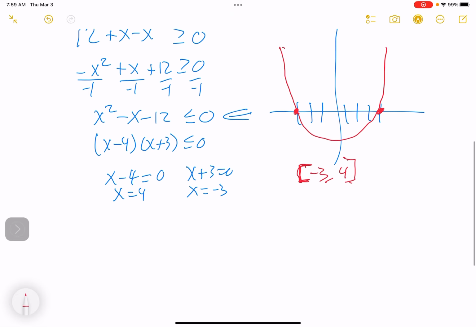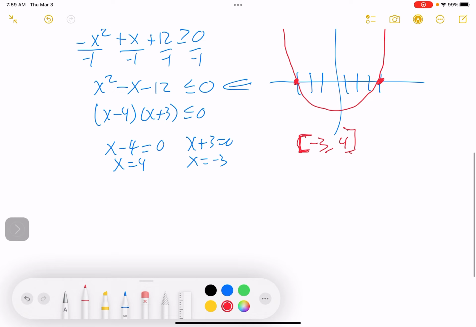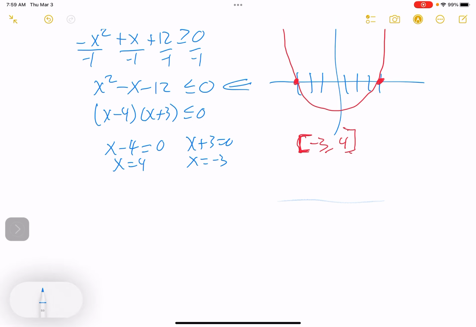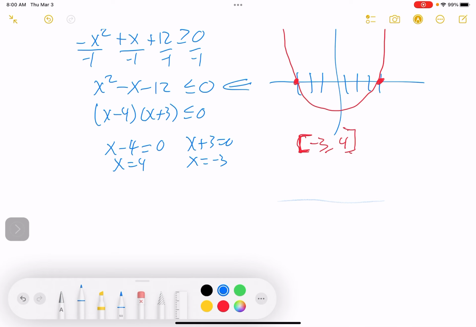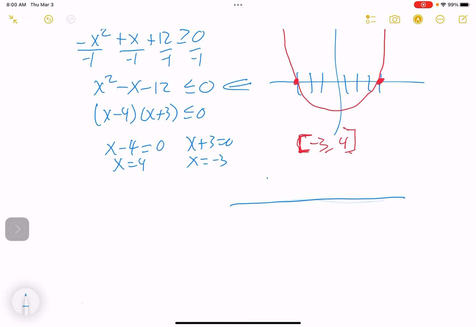Another way to have done that same part would be to do a table. We had a 0 at -3 and a 0 at 4, and we had the factors x minus 4 and x plus 3.